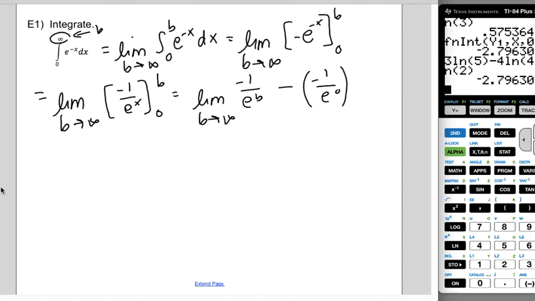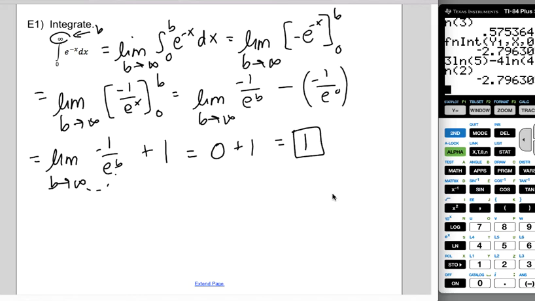Well, this is going to end up being the limit as b approaches infinity of negative 1 over e to the b plus a 1. Because this is going to be infinitely large, a finite number, negative 1 over something infinitely large is 0. So this is 0 plus 1, and this entire thing approaches a 1. But again, you can't actually treat infinity as a bound. You have to do the limit as b approaches infinity.